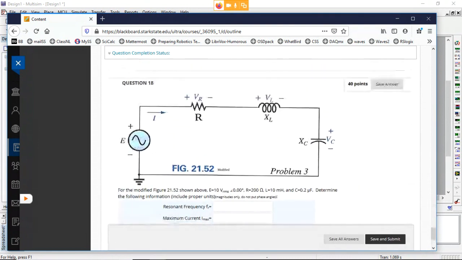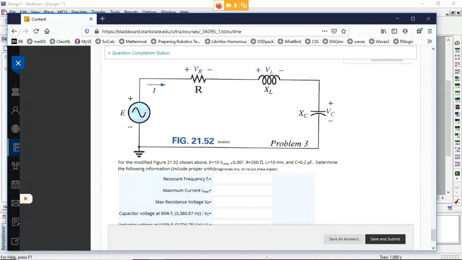And then for the very last question, question 18, the resonant frequency, remember that is defined as 1 divided by 2 times pi times the square root of L times C for an RLC circuit. So you just punch that in and get that.